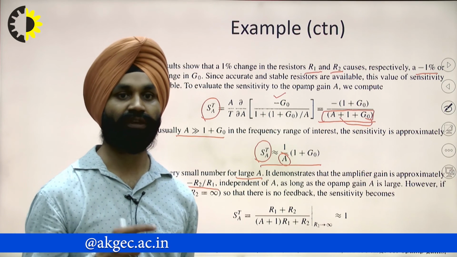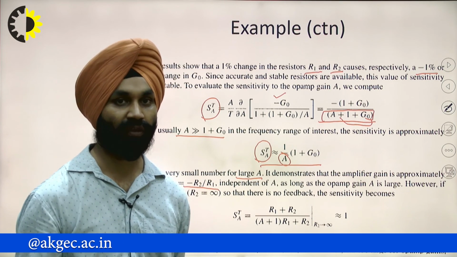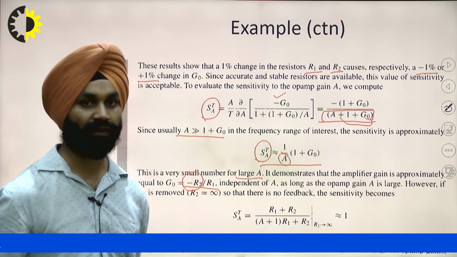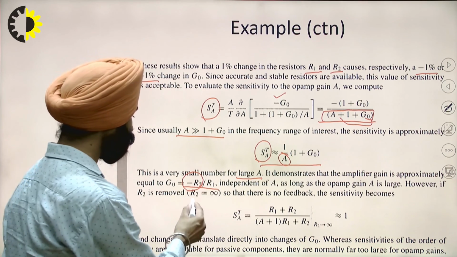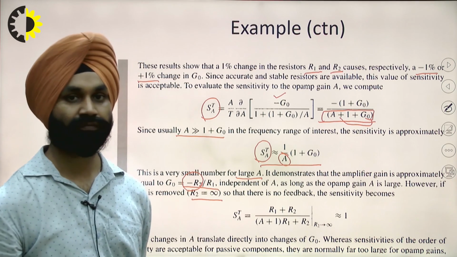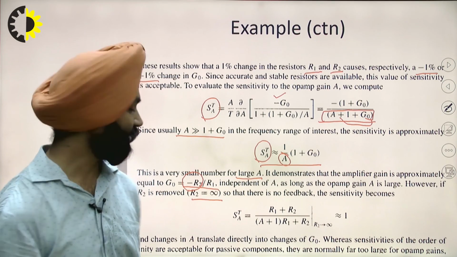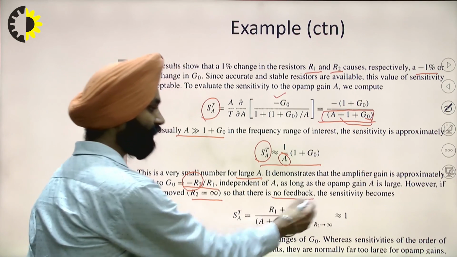Now if we remove R2, or we can say that R2 is open circuit, or R2 is equal to infinite, the third way of looking at this is saying that there is no feedback.